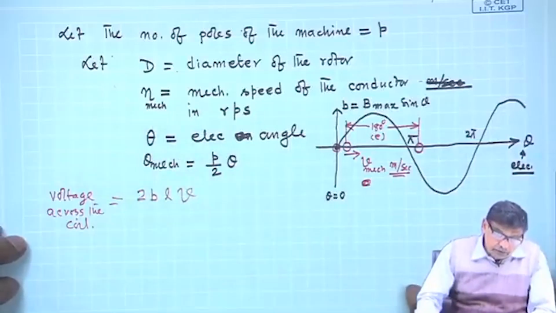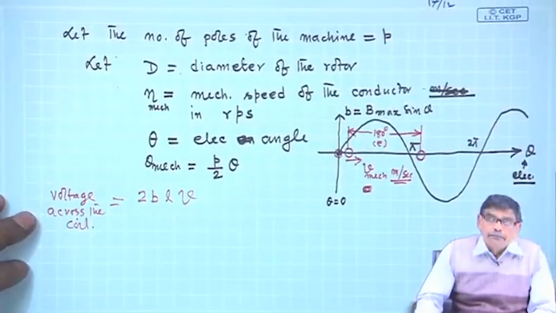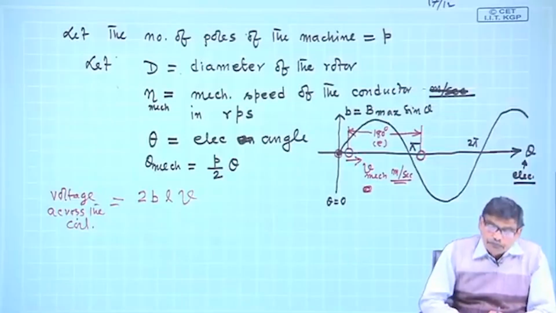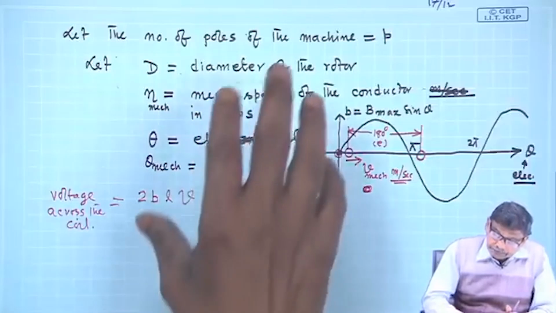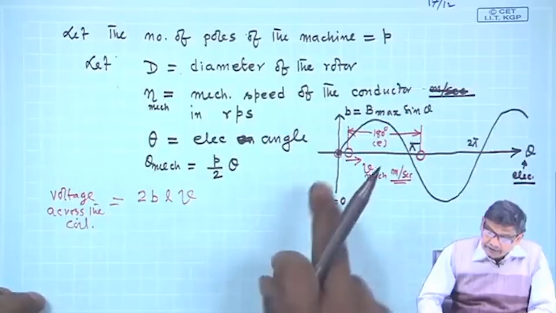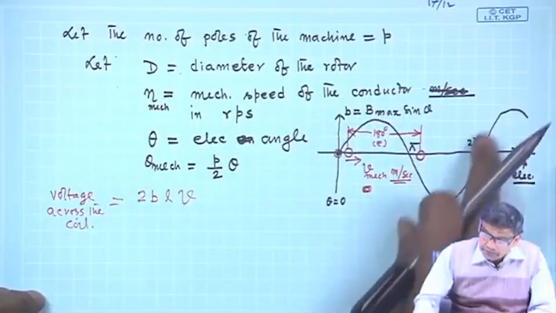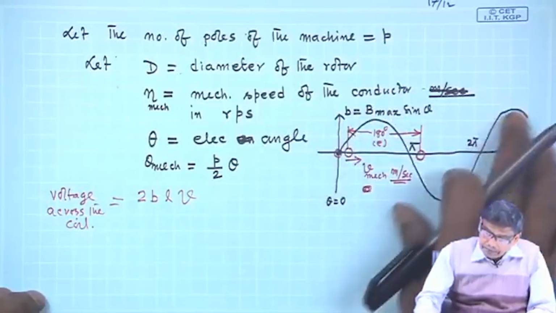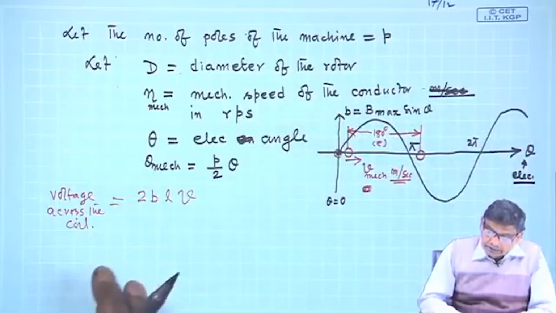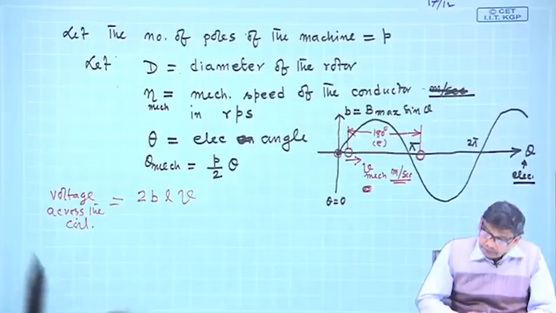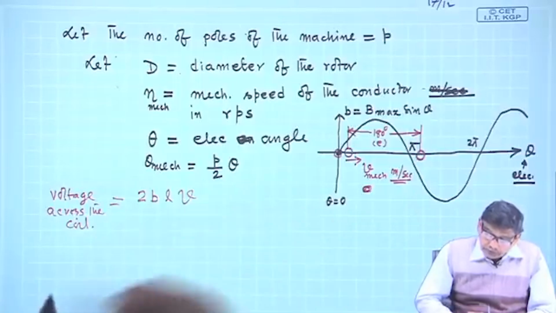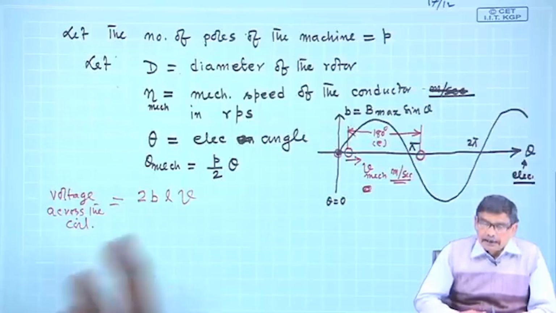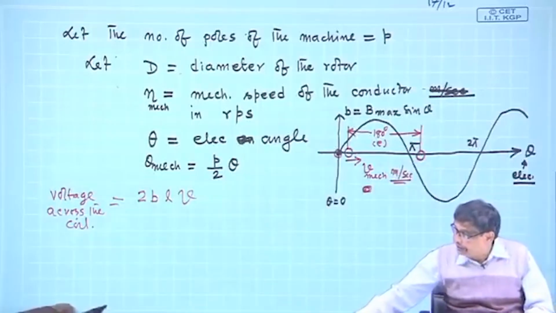So, my goal now, a very important goal, is this: if a coil moves in a magnetic field which is sinusoidally distributed, and the relative speed between this B and the coil is known, then what will be the expression of the AC voltage it will induce?